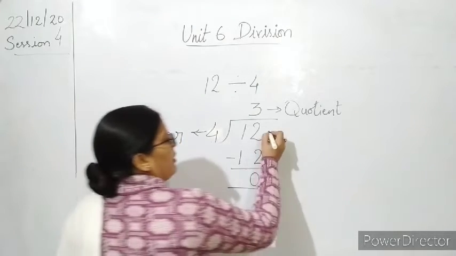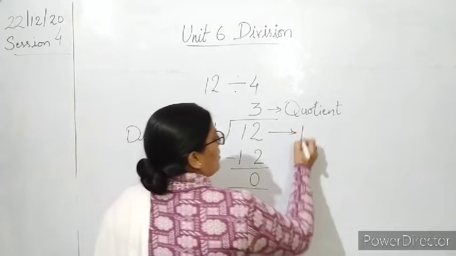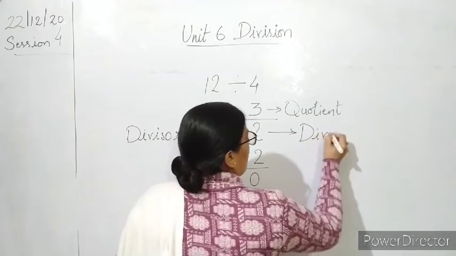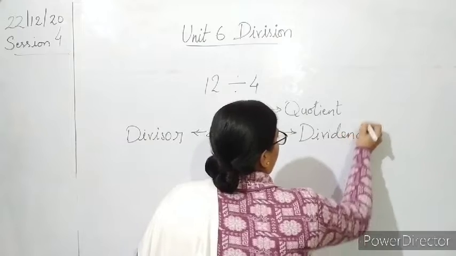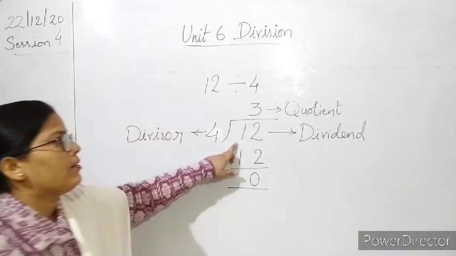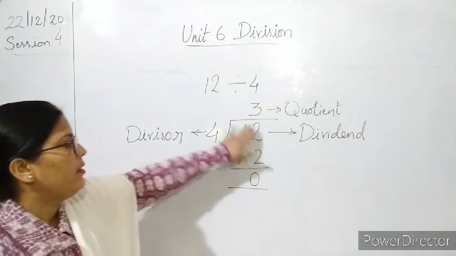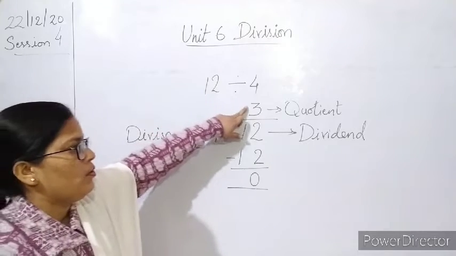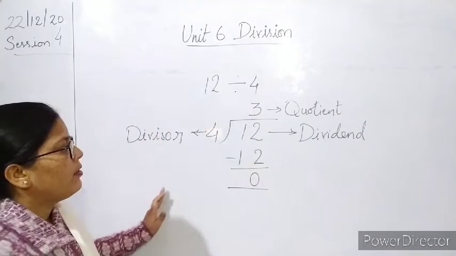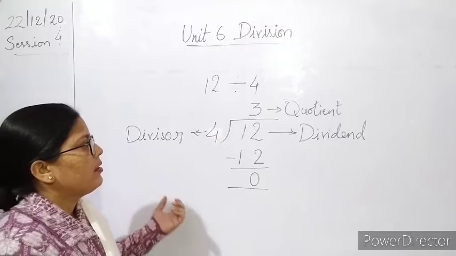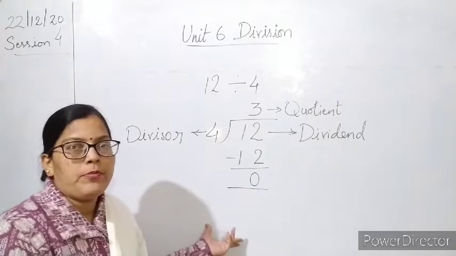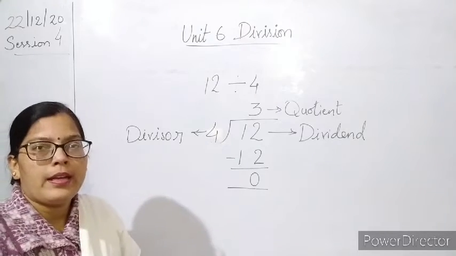And inside these lines we write the dividend, the number which we divide. Okay. Dividend, divisor, quotient. Now let us try to understand this long division method with some more examples.